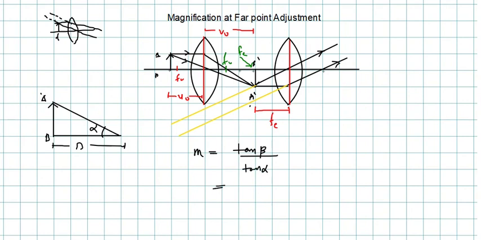So what do you think tan beta will be? This is the beta. Tan beta would be A prime B prime by f of e, correct. And what is tan alpha? Tan alpha will be AB by D. Now if you apply sign convention, look here, minus and minus, so these two will cancel out.